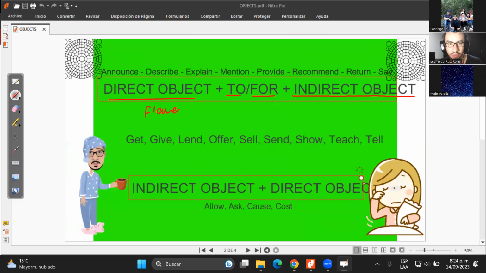Flowers, direct object, for my mom, indirect object, right? These are only some examples of the verbs that follow structure number one.